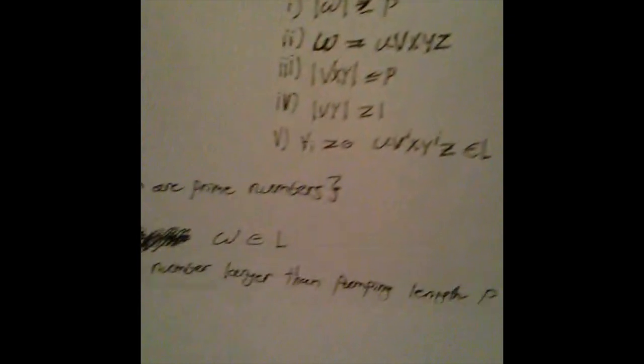So if we look at question D, I believe, on the homework, we have a language L, which is composed of a string of a's of length r times s, where r and s are both prime numbers.